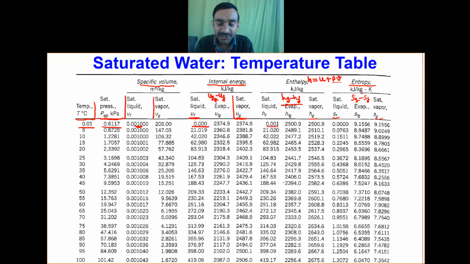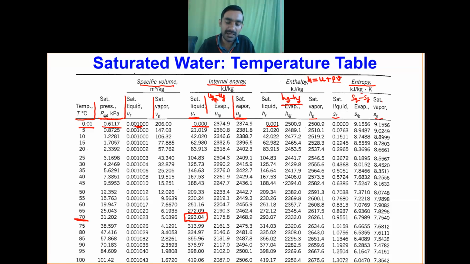Okay. Now, say I have to determine the internal energy of saturated liquid at a temperature of 70 degrees Celsius. What I will do: if it is clearly given in the question that my state is saturated liquid and the temperature is 70 degrees Celsius, I will simply point to 70 degrees Celsius, and corresponding to it I will find where my internal energy is, and since I want the internal energy for the saturated liquid, I will point to this particular value.